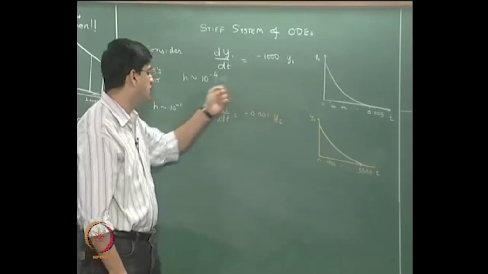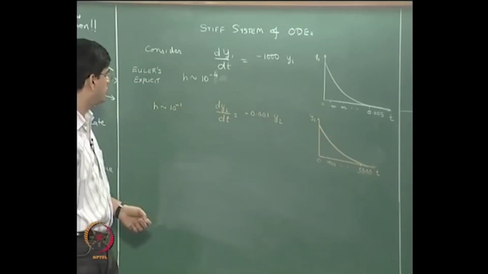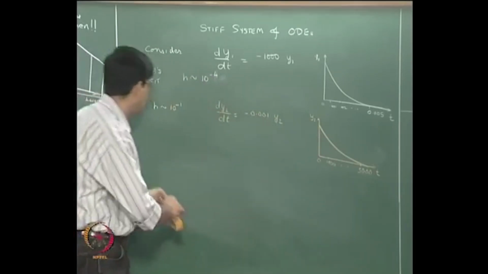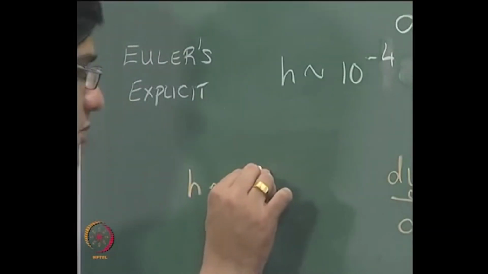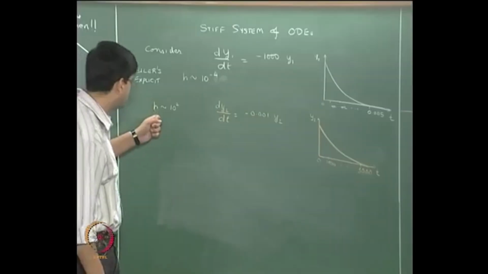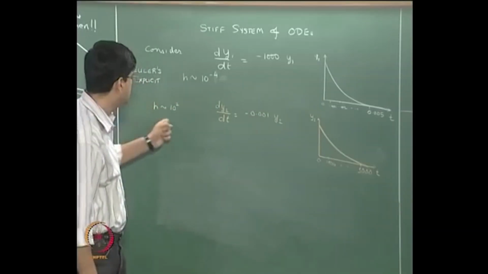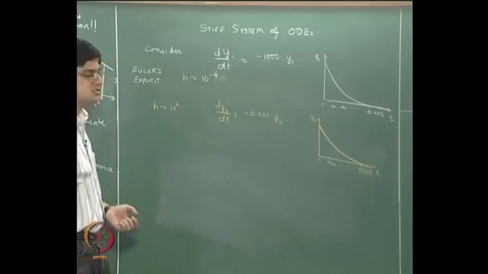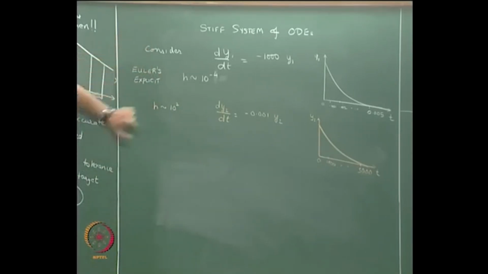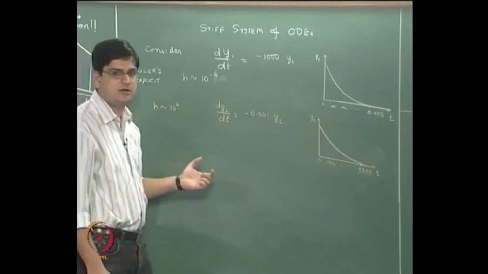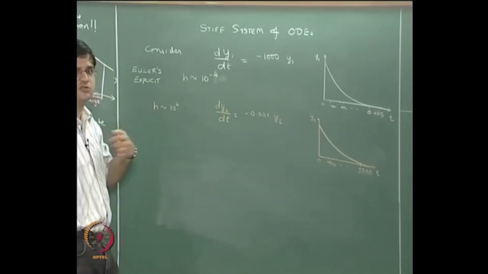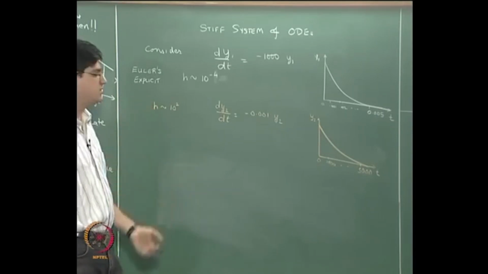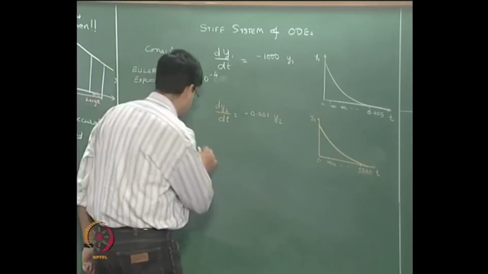If this was the only one equation that we wanted to solve, sorry, not 10 to the power minus 1, it should be 10 to the power 3 minus 1, which is 10 to the power 2. So that is the h that we will use for this particular system. So if this system and this system were to be solved independently, we did not have any issues, we can choose two different values of h, we can solve them independently, and that is the end of it.